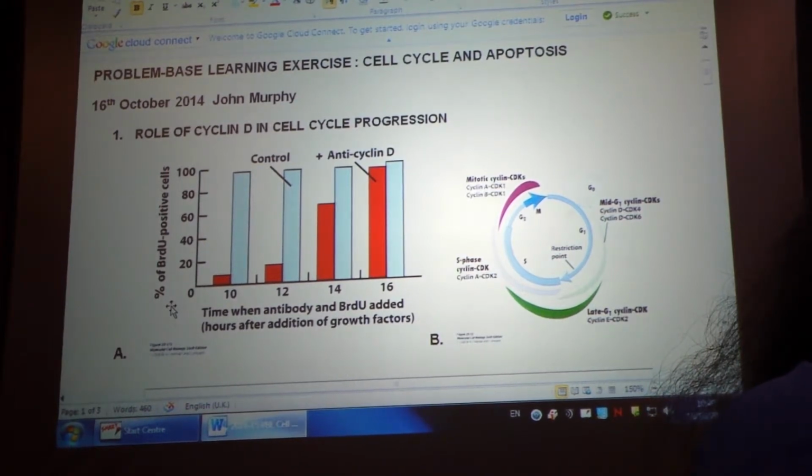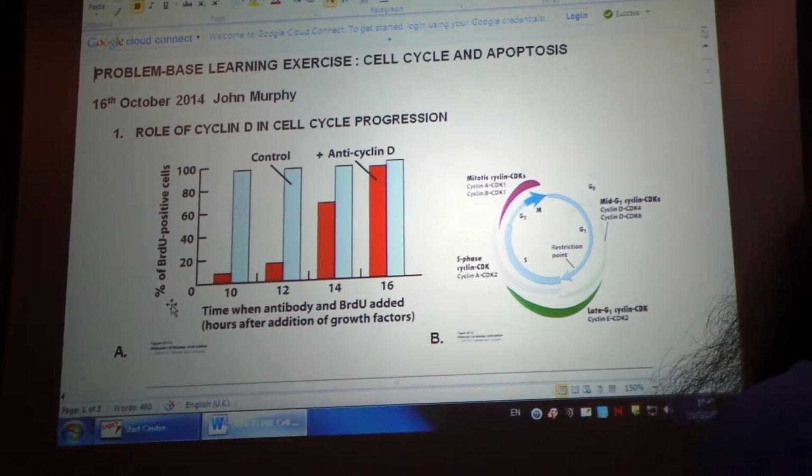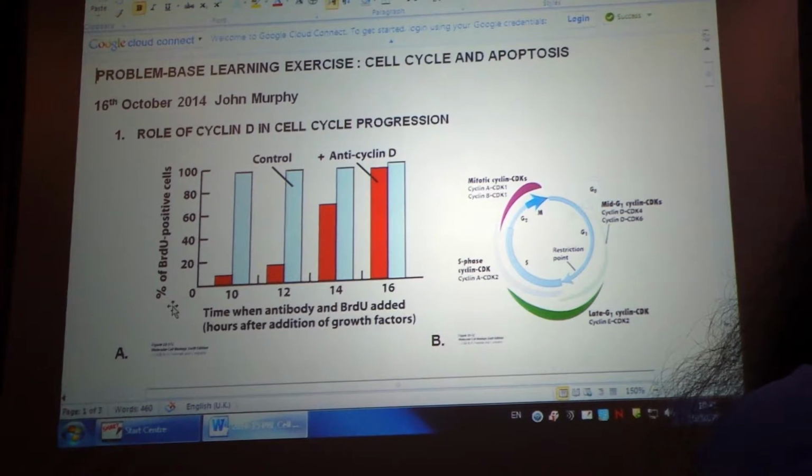Then it says at various times after the addition of growth factors, an anti-cyclin D antibody, which neutralizes cyclin D activity, was added to the cells. And then after a further 16 hours incubation, the percentage of BrdU was measured in each of the cell populations.